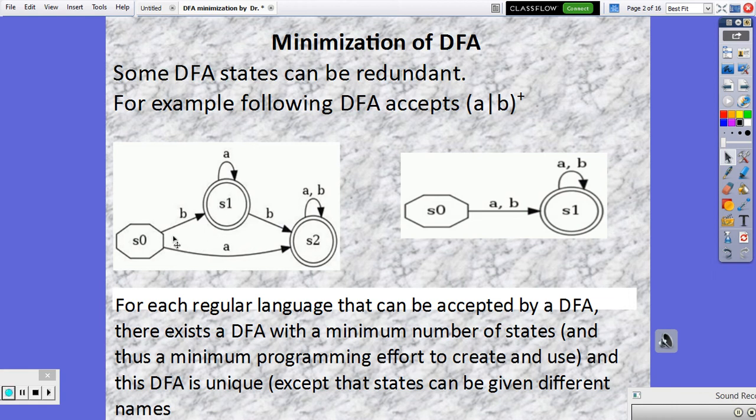Now here we see that one state is an extra state. So in this lecture we have to identify how the extra states are to be removed.